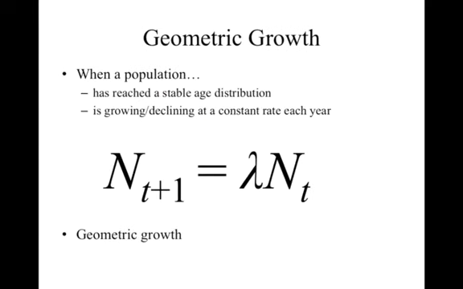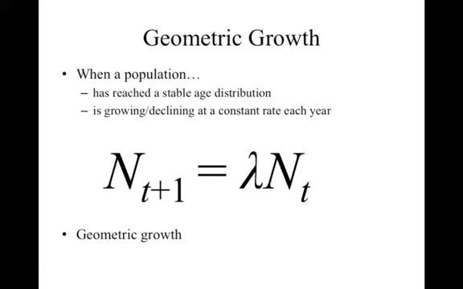All right. So what we've just seen is what we call geometric growth. Geometric growth occurs when a population has reached a stable age distribution, and when the population is growing or declining at a constant rate from one year to the next. You saw there was a lot of wobbling around, and my age ratios were bouncing around early on, and then they settled in to those constant values.